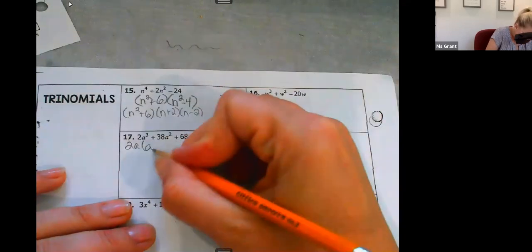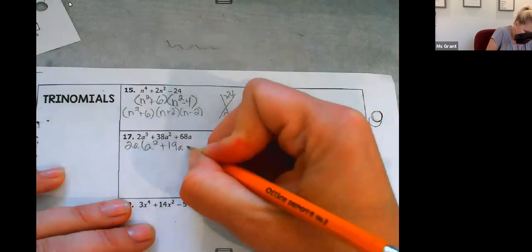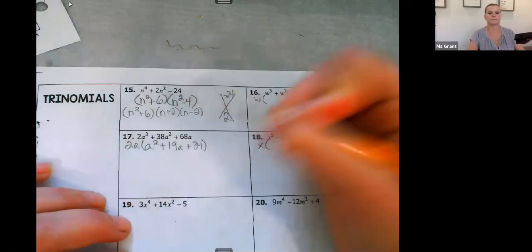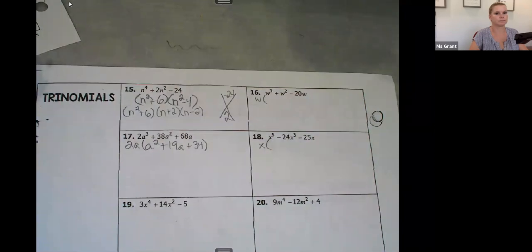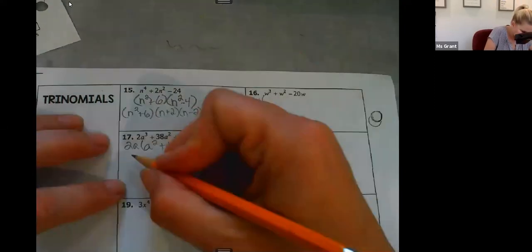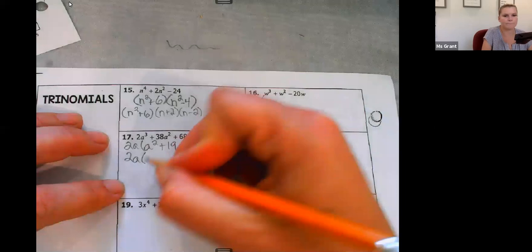2a times a squared plus 19a plus 34. 2a stays in front.